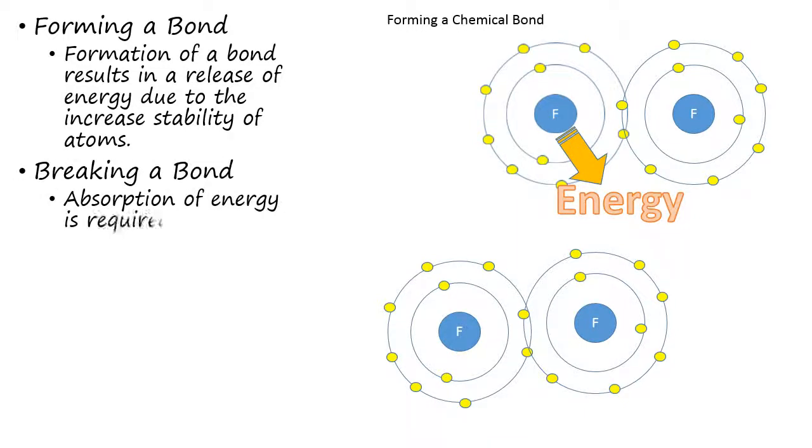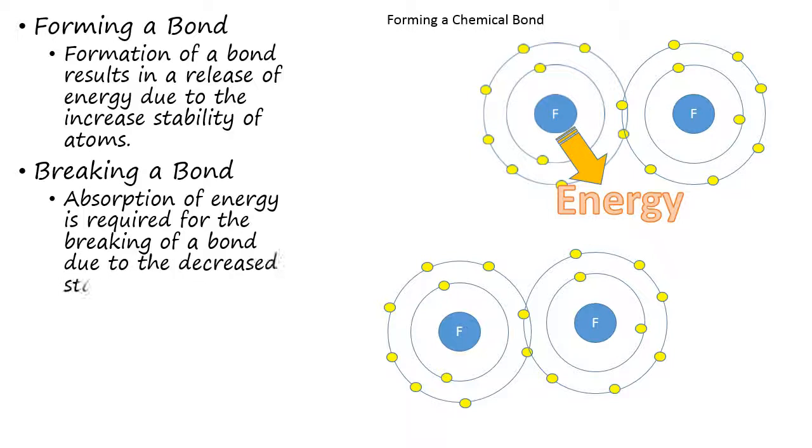So we have this release of energy when a bond is formed. And the opposite is true when breaking a bond. So in order to break a bond, since we're creating a more unstable situation for both atoms involved in the bond, there's going to be an increase in potential energy between those 2 atoms and an increase in instability, or a decrease in stability. So absorption of energy is required for the breaking of a bond.